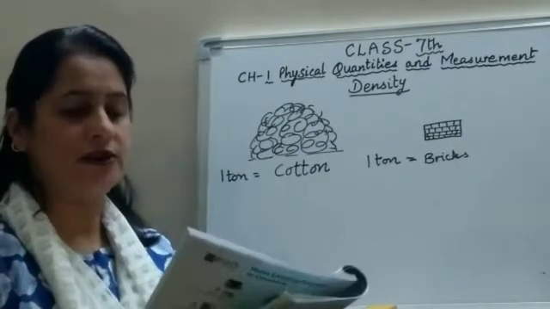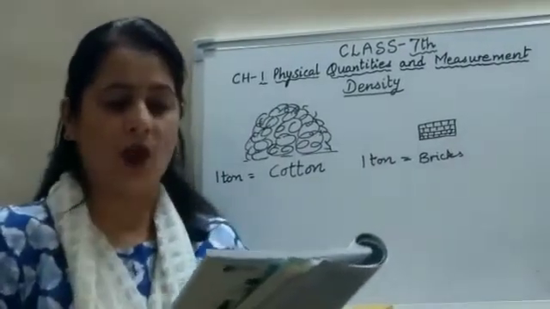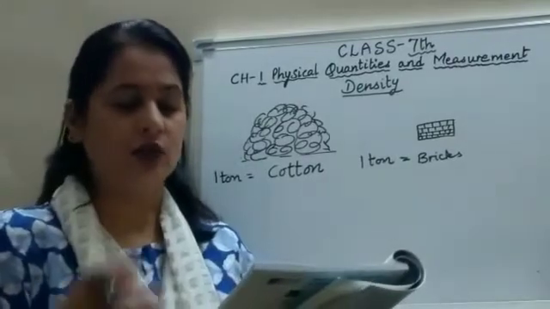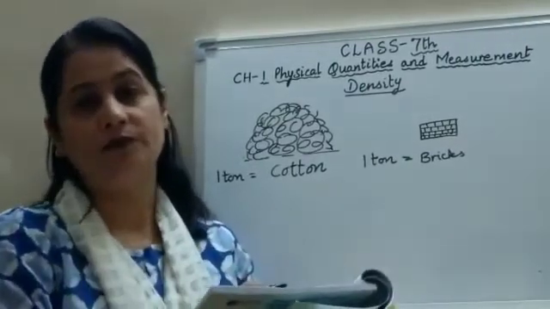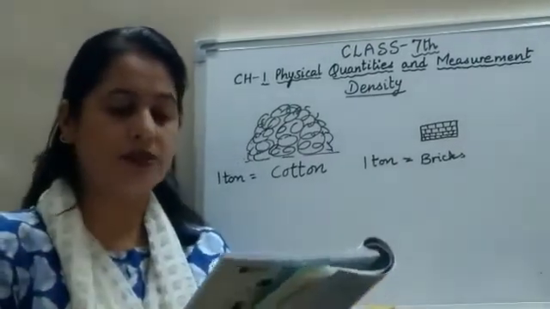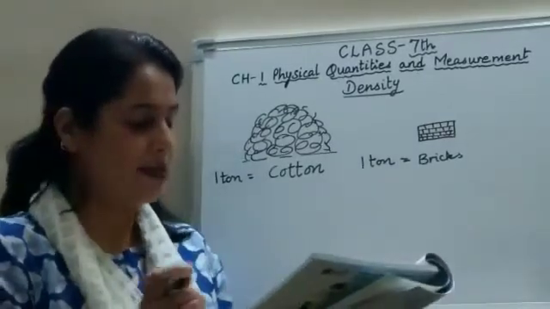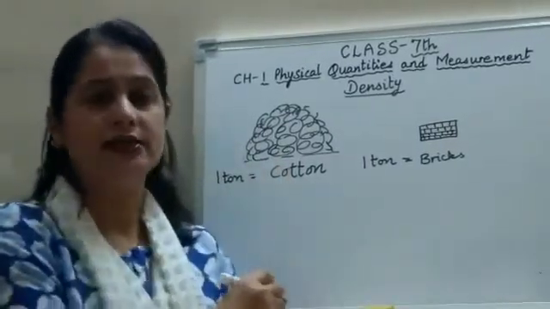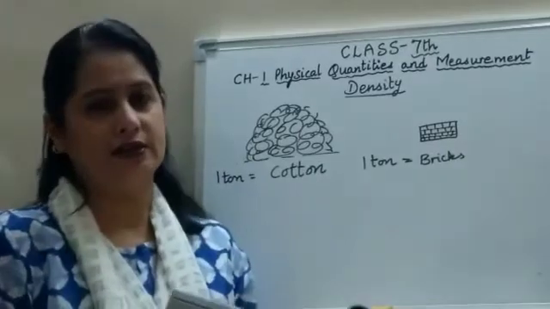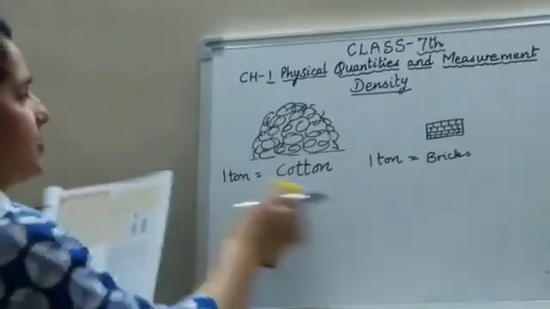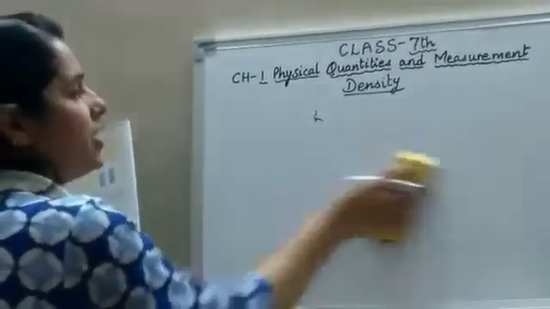So there is a physical quantity which helps us to identify an object by its composition, and this is called density. It is an important characteristic of a substance and it is very crucial.